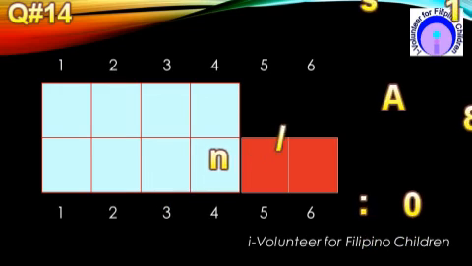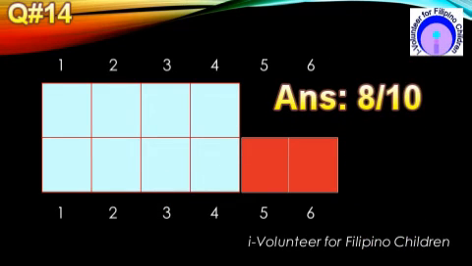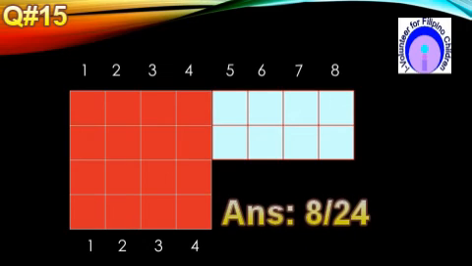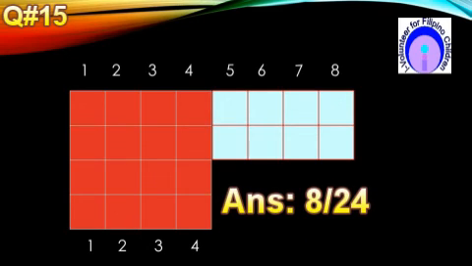The answer is 8/10. Number 15. What fraction names the white squares? The answer is 8/24.